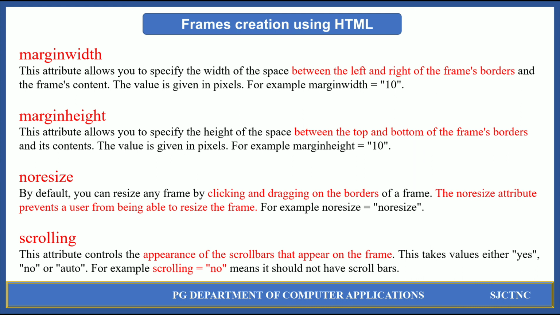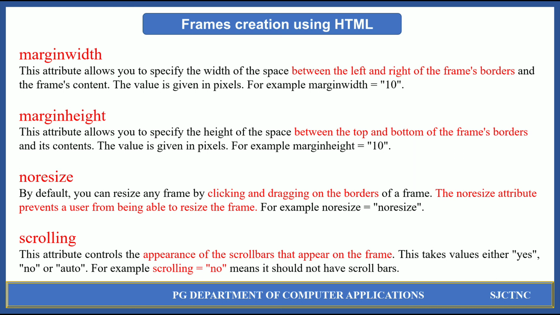Second one is margin height. It is used to set the height of the space between the top and bottom of the frame borders. Here we are mentioning the example margin height equal to 10.